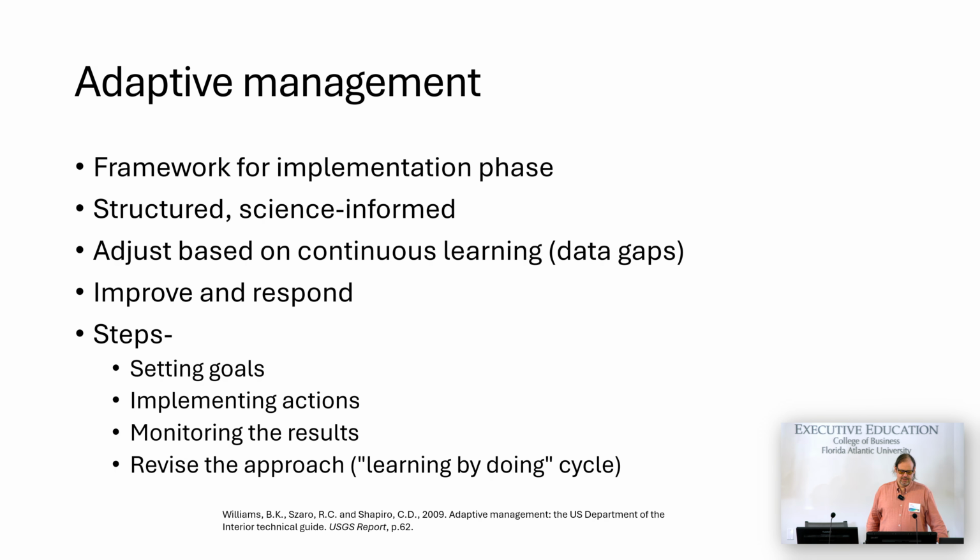And you improve your decision over time and you respond to changes, such as correcting course when you see things going wrong. It also has a generic set of steps, which includes setting goals for the decision, implementing the actions, monitoring the results, and revising the approach. You could just call it the learning by doing cycle. So this is relevant for decisions where you can do repeated decisions. So it's not relevant for every type of environmental management decision.